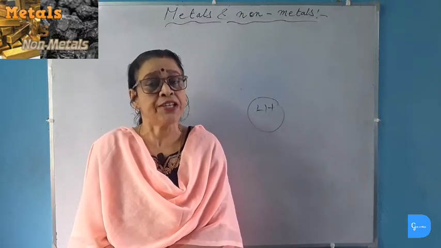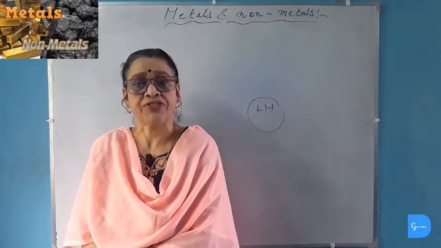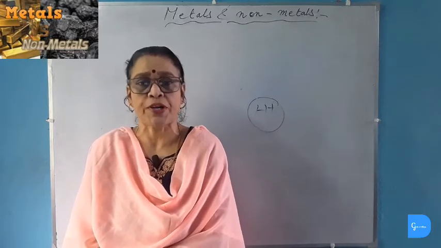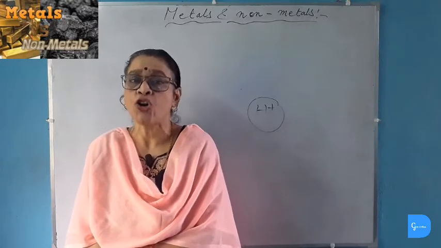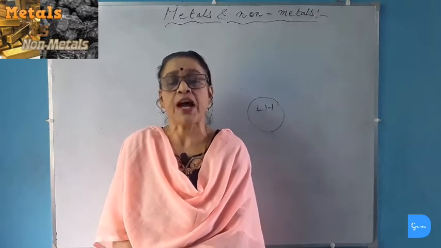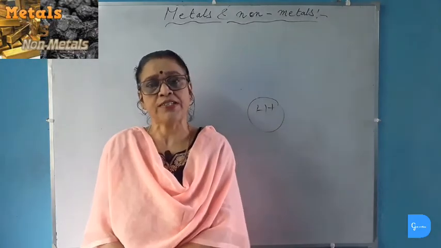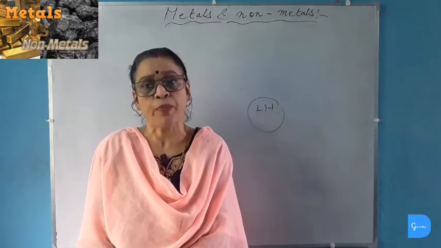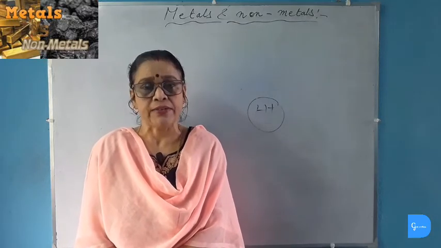All the metals in general have some common properties, and similarly the non-metals in general also have some common properties, but the properties of the metal are quite different from those of the non-metal. So we will study and compare the properties of metal and non-metal, by which we can understand whether they are metal or non-metal. For example, metals are malleable and ductile.